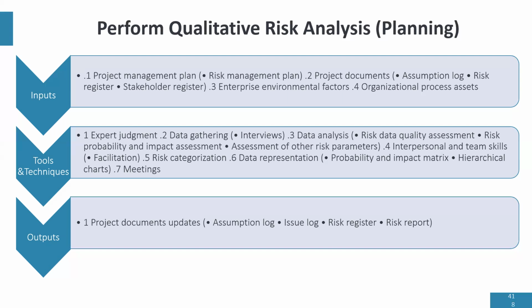And the focus of qualitative risk analysis is to assess the probability and impact of every risk in your project, and then use a probability and impact matrix to rank the risk as high, medium, and low.